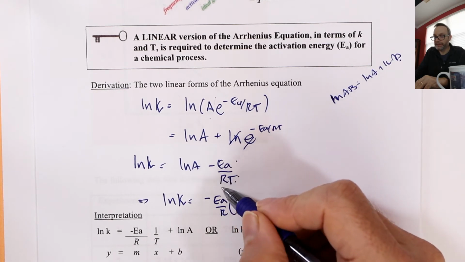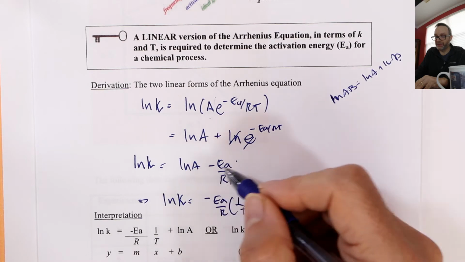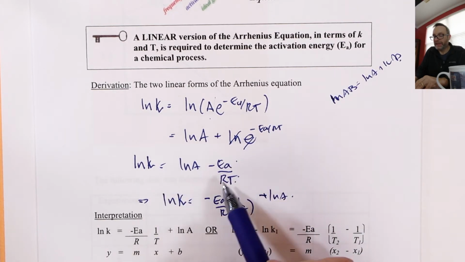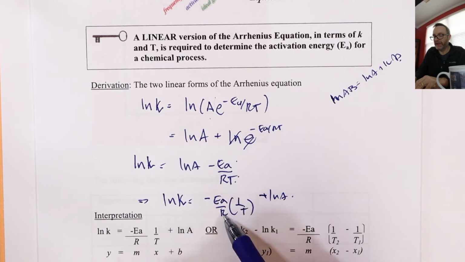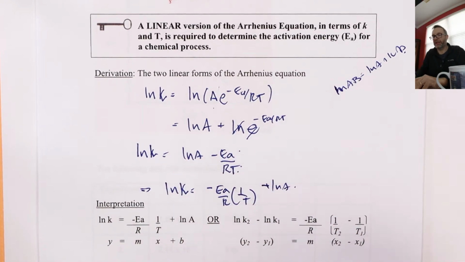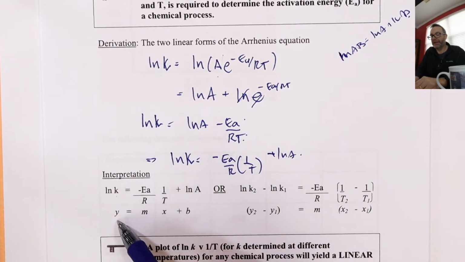I'm switching positions, plus ln A. So ln k equals minus EA over R times 1 over T plus ln A. I've got it actually written down here, y equals mx plus b.